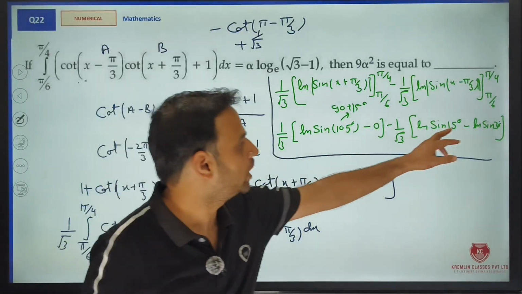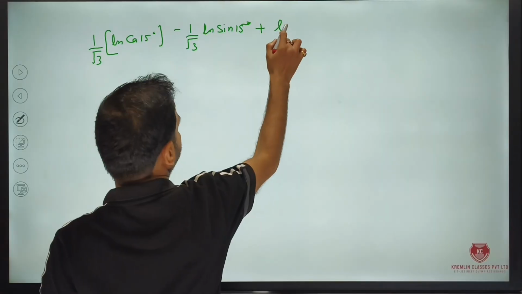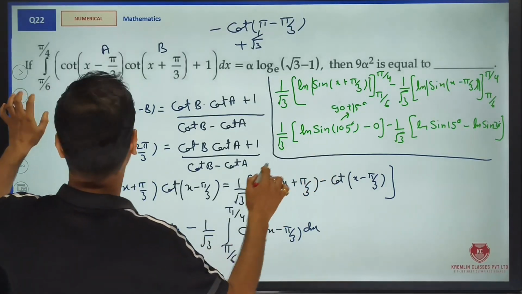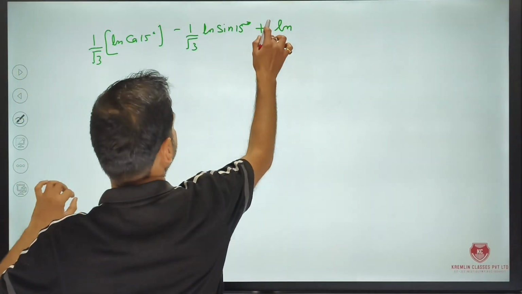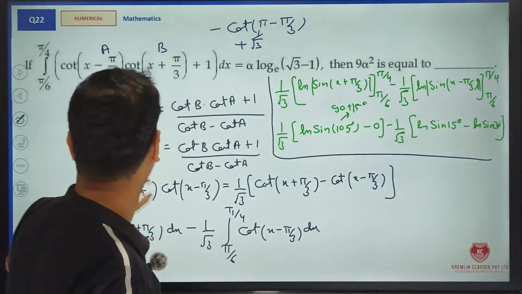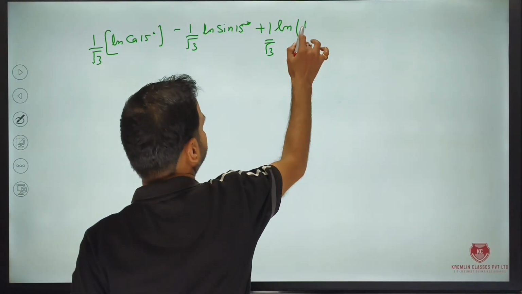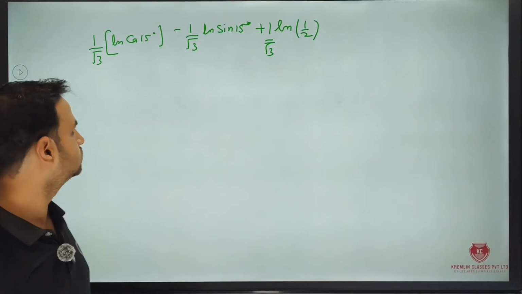Minus minus plus, and root 3 is definitely there. 1 by root 3, again we see plus ln sin 30. What is sin 30? Sin 30 is 1 by 2. So 1 by 2.